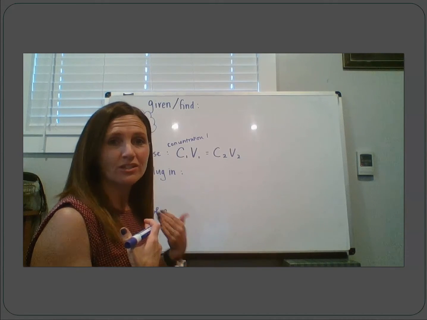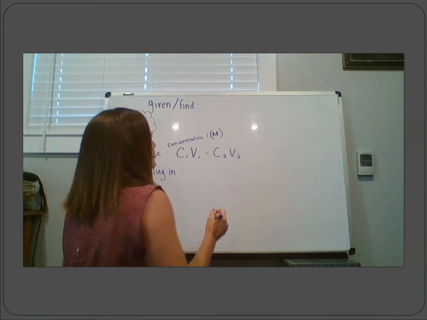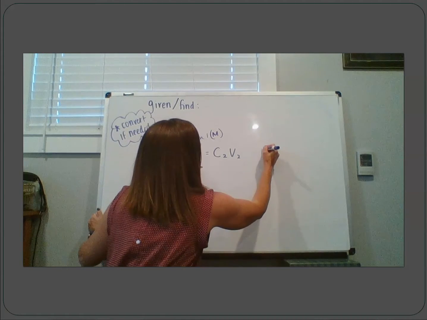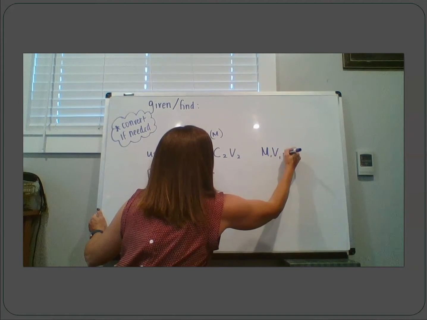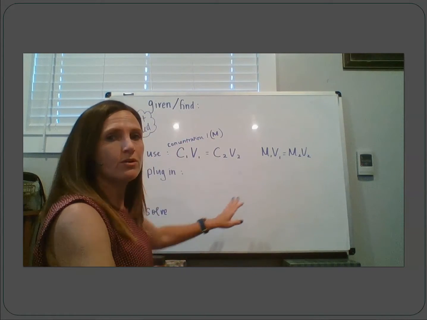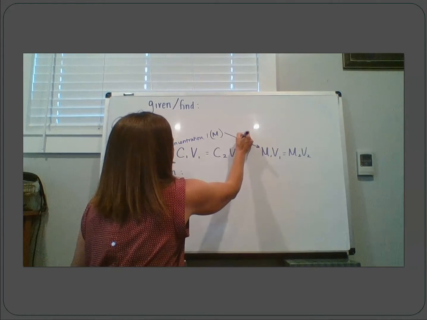The only one we actually know is molarity, so we are always going to be measuring C1 and C2 in molarity. You may want to call it M1V1 equals M2V2 if that helps you, where the M stands for molarity.